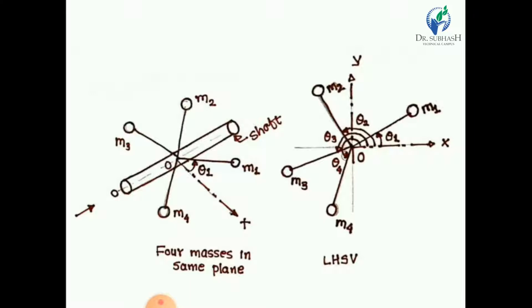In the left hand side view, you can clearly see the M1 mass making an angle theta 1, the M2 mass making an angle theta 2 with OX, similarly theta 3 and theta 4. So these are the angular positions of the four masses.